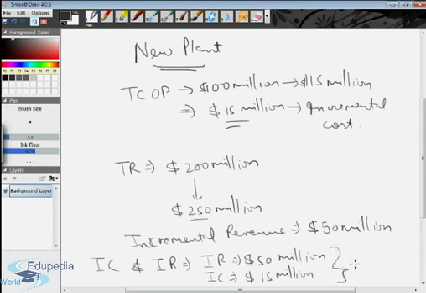Thus overall the firm earns a profit of $35 million. Therefore the firm will decide to introduce this new plant in the organization. This is how the incremental principle helps a firm to take a decision.